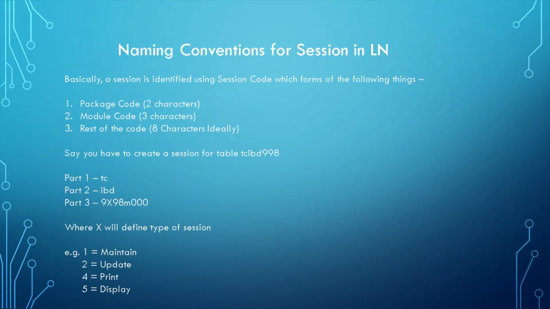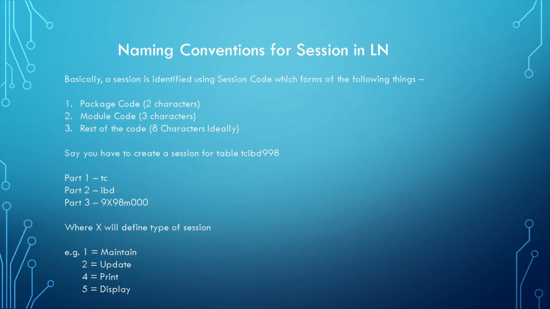So part 3 will be 9x98M000. Here, x will define which type of session you are going to build. So if you use TCIBD9198M000, it will be a maintenance session. When you are going to create a maintenance session, you have to use the second character as 1.